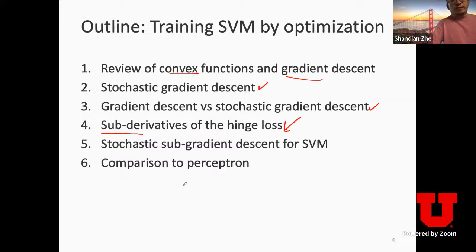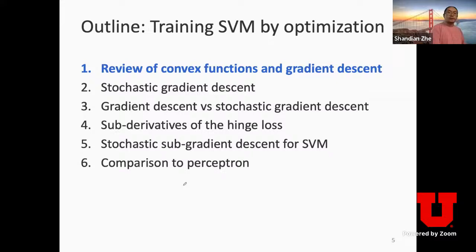So in other words, perceptron can be justified by a stochastic subgradient descent framework. So now we can connect SVM and perceptron, right? They're both for linear classifiers. Right? The only difference is the objective function formulation. But they both can be viewed as applying stochastic subgradient descent for the optimization and the learning. Okay, we'll get to that point later.